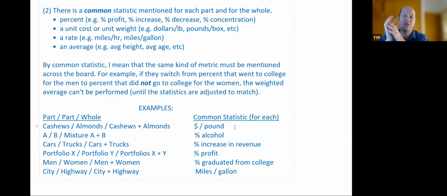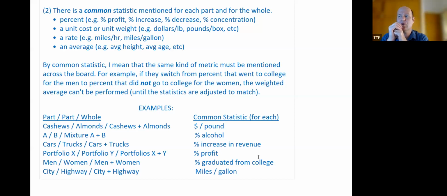Okay, another mixture. Let's say you have A, B, and A plus B. Okay, and let's say we're talking about alcohol, where you're making a mixture. Okay, and you have percent alcohol in A, in B, and then percent alcohol in the combination. Cars plus trucks, percent increase in revenue.